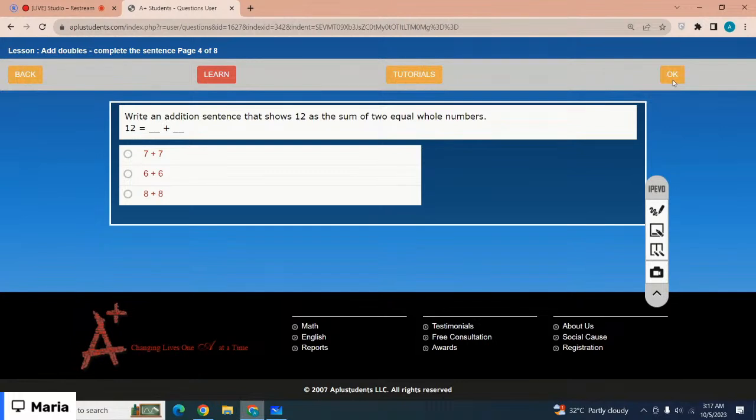Which is the correct option? 12 equals, that equals 6 plus 6. The correct option is option number 2. 6 plus 6 makes 12, right?